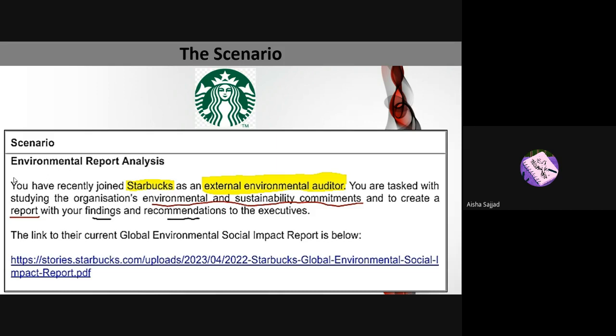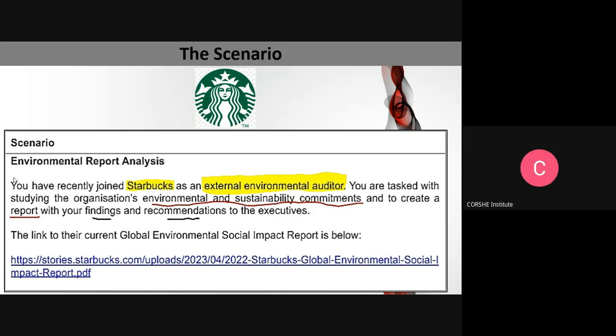However, if we are not aware of what Starbucks is and what their environmental goals are, this report will contribute to that understanding also. This report is there for this purpose, that it would also help you understand Starbucks' goals or any organization's goals for environmental performance. So through this report, you can also understand.